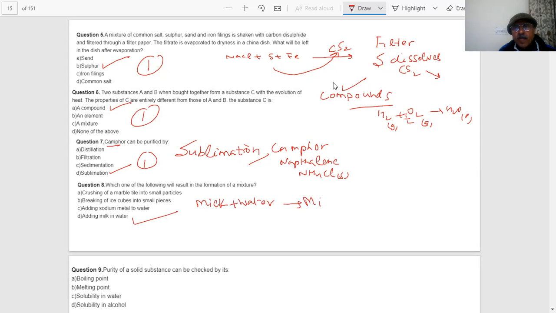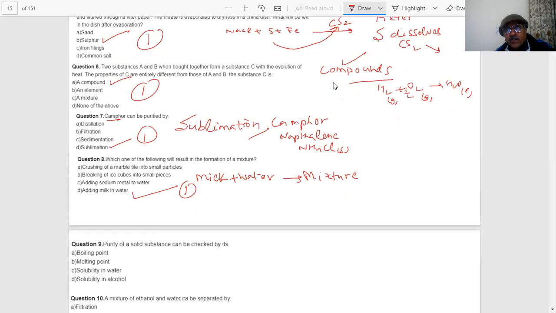With crushing marble or breaking ice, no new substance has been formed; you have only broken it physically. Sodium will react with water and immediately explode. Okay, that is the correct answer. Up to now, all answers correct.